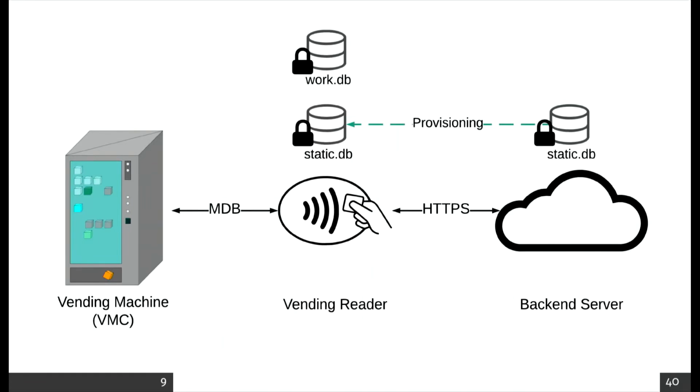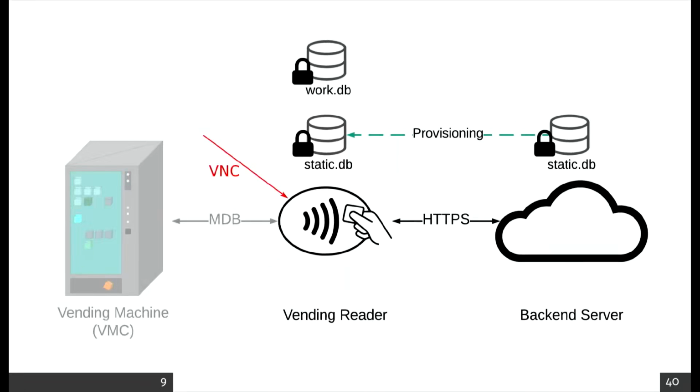There are obviously two databases on this reader: a static DB for static configurations, and a work database where temporary data are saved, I assume. These databases seem to be somehow encrypted. They cannot be opened with normal database browsers. So I became more curious.